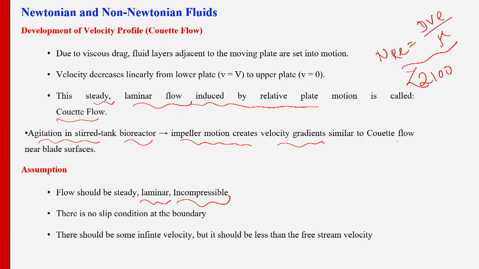Normally liquids are incompressible and gases compressible. Then there is a no-slip condition at the boundaries, and there should be some finite velocity, that is another assumption. Totally 3 assumptions are here: the flow is steady, it is laminar, not turbulent, and incompressible. Liquids come under this.